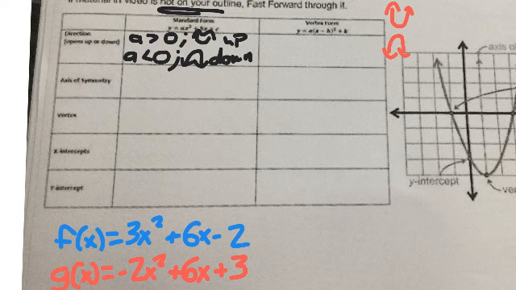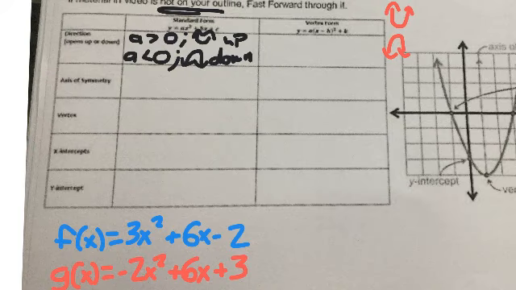Okay, and I'm just going to keep talking about this standard form for now. So next is our axis of symmetry. There's always a line that goes right through the middle of a parabola that if I folded it over that line, I would get the graph lying directly on top of itself.